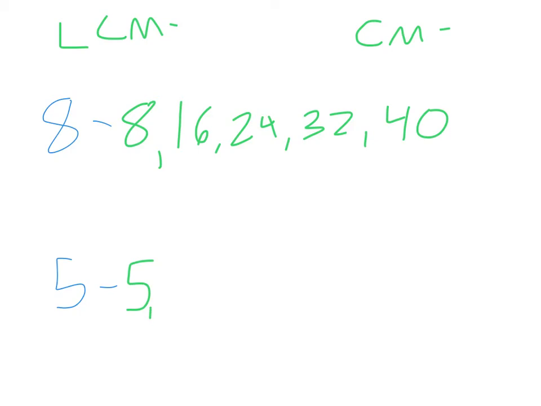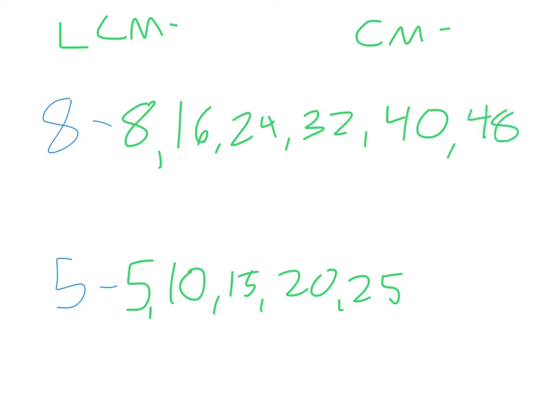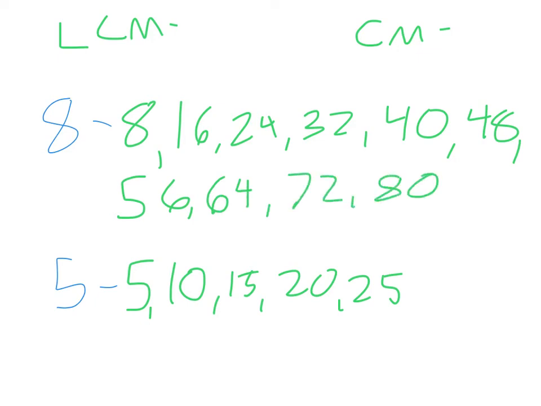So we go 5. This one's easy because we can just count by 5s. 5, 10, 15, 20, 25. Now I look. I don't have any matches yet. So I'm going to go back to my 8 and I'll do 5 more. So 48 comes next, and then 56, 64, 72, 80.